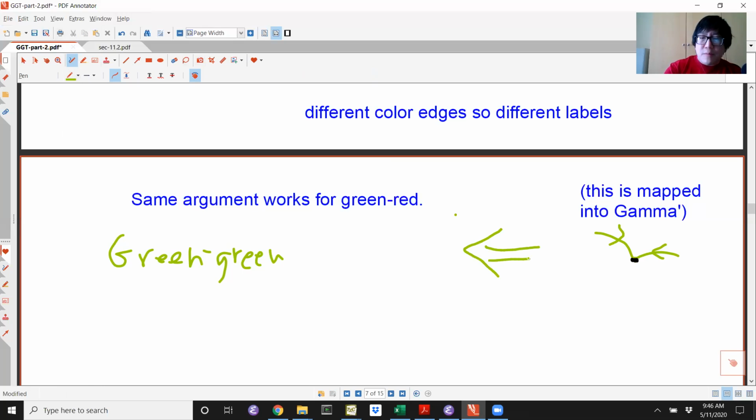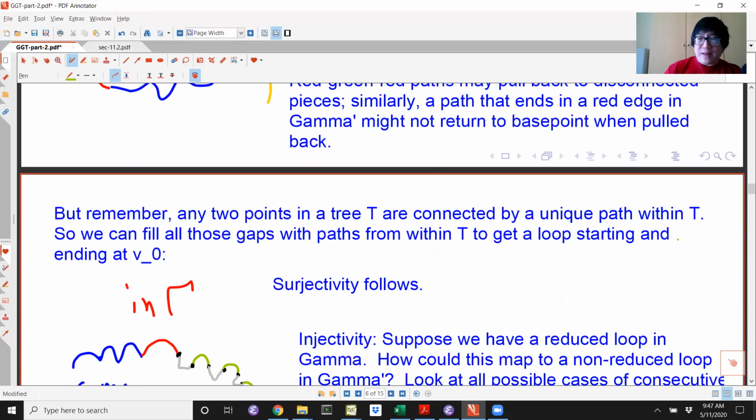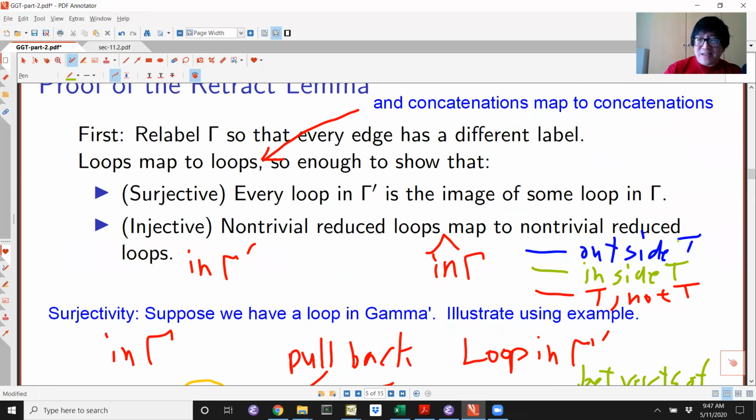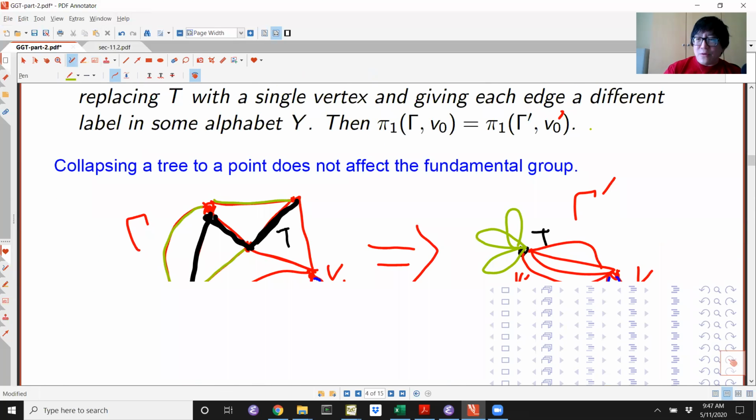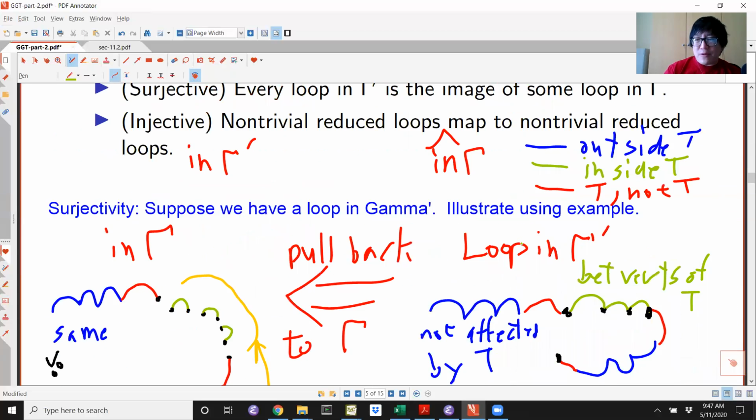Well, what you might worry about is that you might have this. So this will be labeled A, and this will also be labeled A. I didn't say that before, but I think the thing to do is we can achieve different labels in gamma prime by making them all different in gamma.